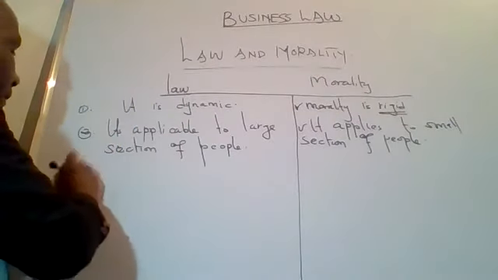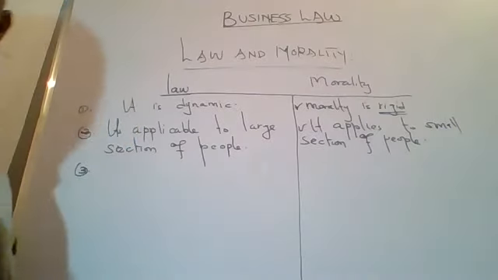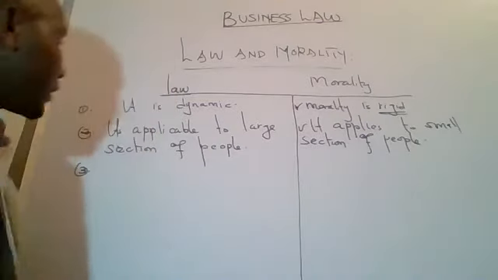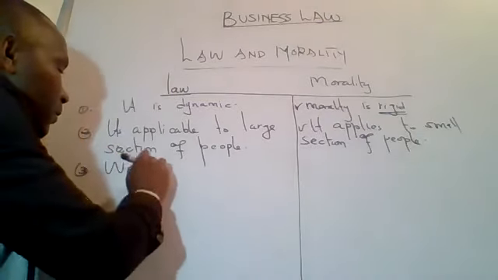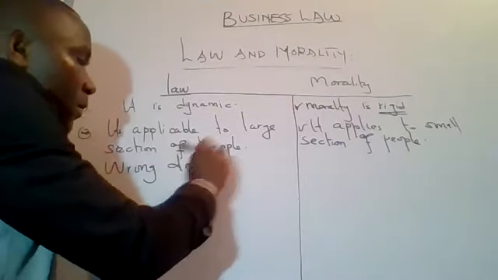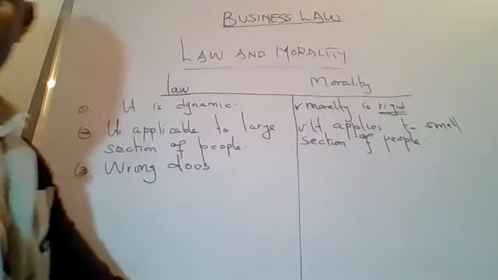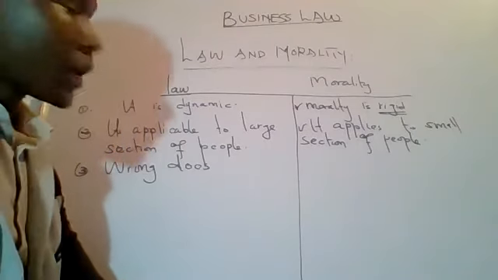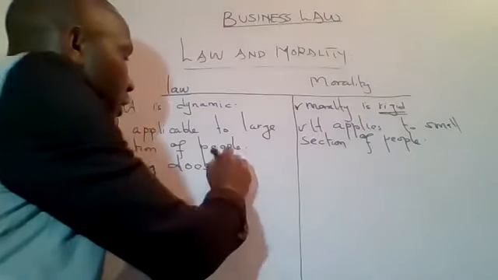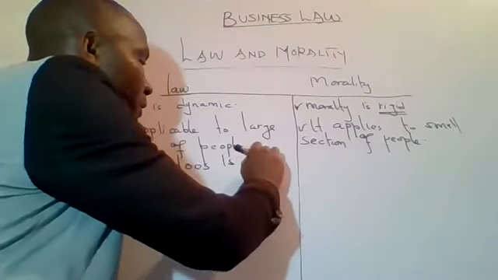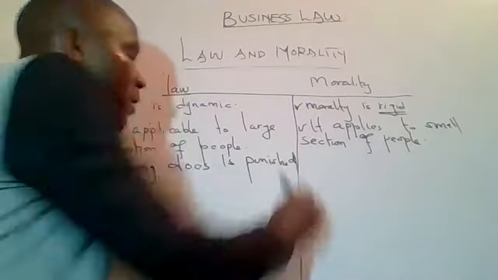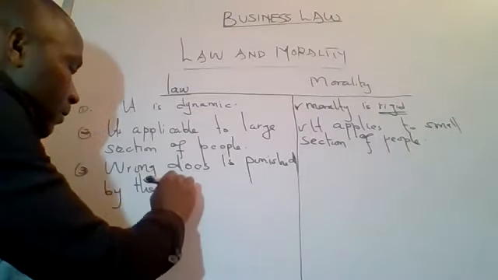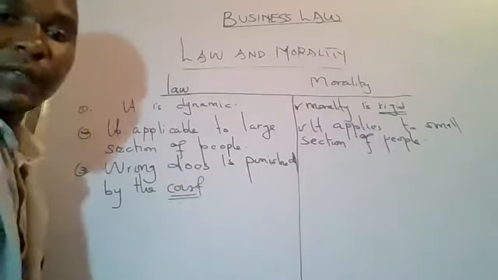Then number 3, you say wrong doers. Wrong done is punished by the court.